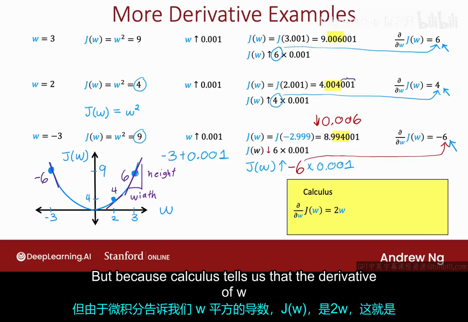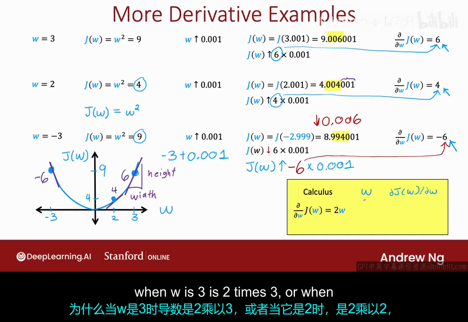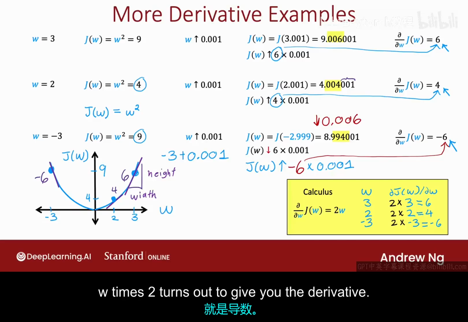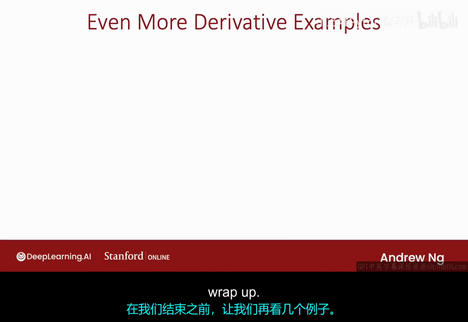But because calculus tells us that the derivative of w squared, j of w, is 2w, that's why the derivative when w is 3 is 2 times 3, or when it's 2 is 2 times 2, or when it's negative 3 is 2 times negative 3, because this value of w times 2 turns out to give you the derivative. Let's go through just a few more examples before we wrap up.